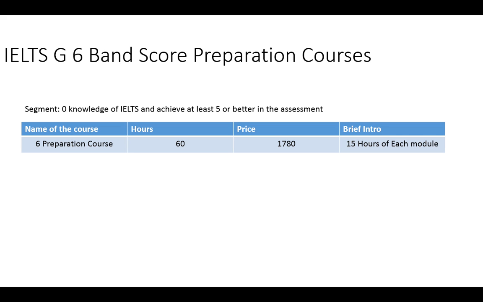And next comes the IELTS General Training 6.0 band score preparation courses. This course is majorly for people who basically have zero knowledge of the IELTS, but they're looking at achieving at least 5-ish or better in the assessment, and they want to have at least a 6 in the general training exams.